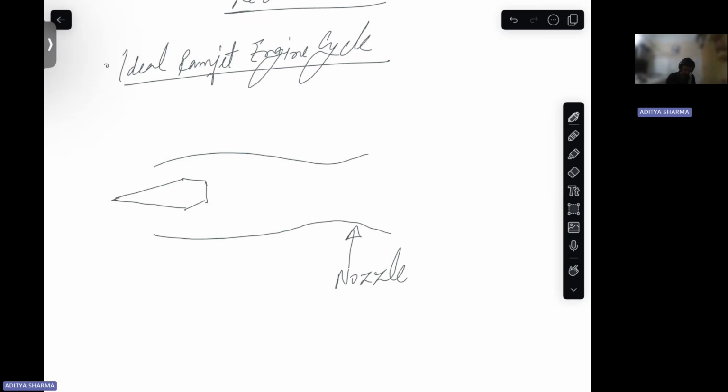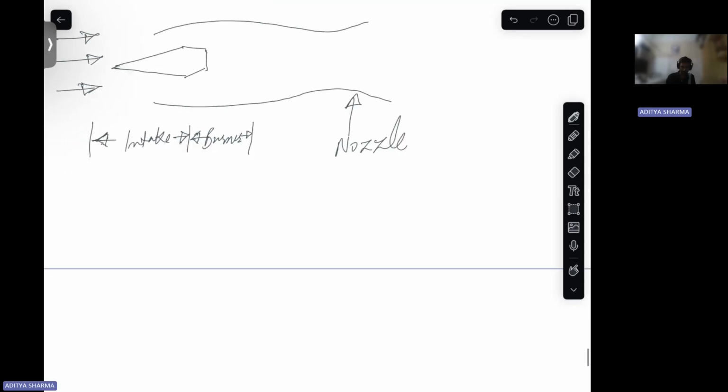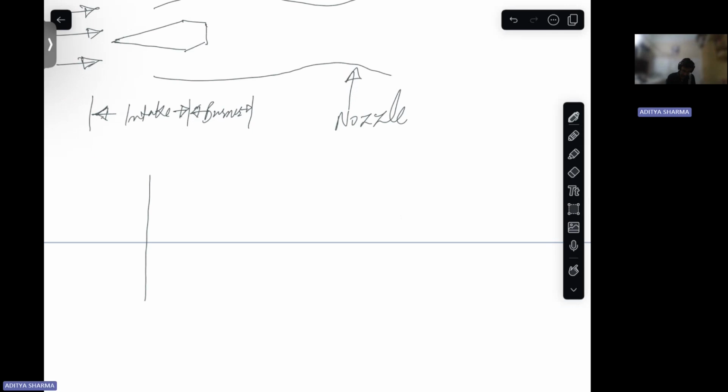So in ramjet engine, you don't have a compressor as such separately. So this acts as intake. Then this acts as burner, where combustion takes place of your fuel and air mixture, and then the nozzle accelerates. And if you draw the TS diagram, it is like this.